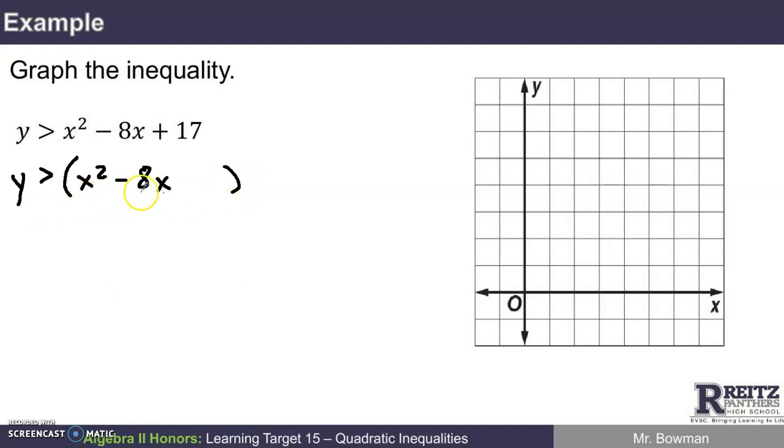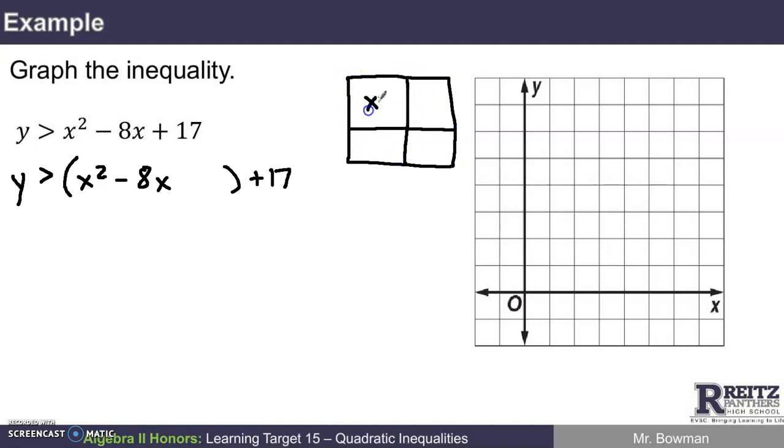Part of our expression is a binomial squared. And if I need to still sketch out that box to complete the square, I can. I don't know that you necessarily need to at this point. But to complete the square with x squared minus 8x, x squared belongs here. X and x are my two factors that give me x squared.